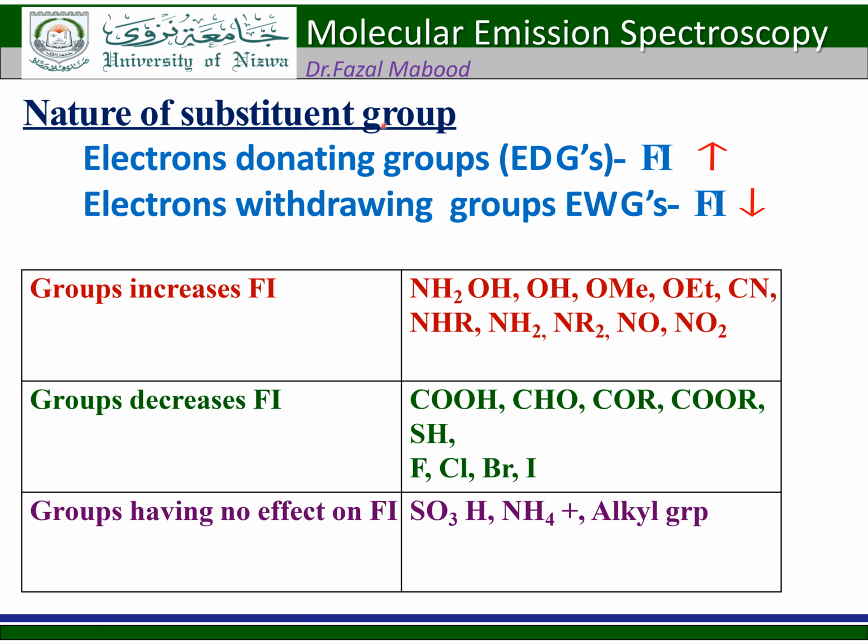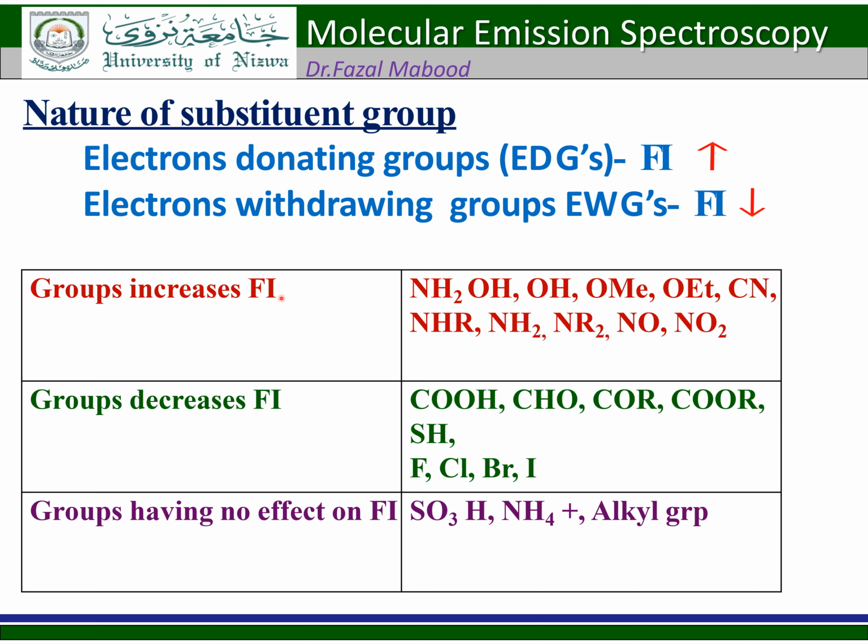Nature of substitution group: we have electron donating groups, so with increasing number of electron donating groups, the fluorescence intensity will increase. There are also electron withdrawing groups, so with increasing number of electron withdrawing groups, the fluorescence intensity will decrease. Here you see the arrow is in the direction of decrease.